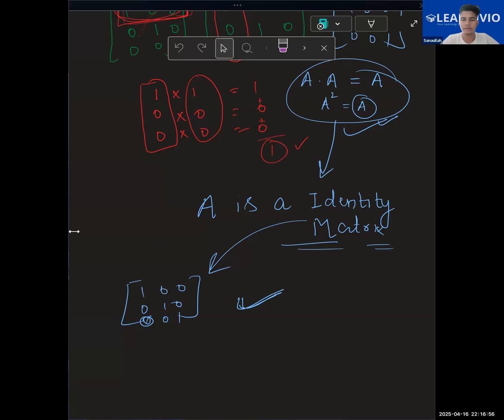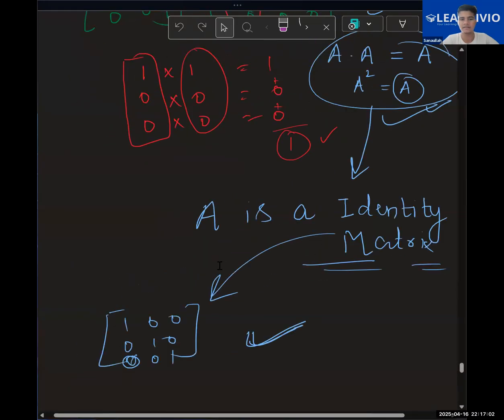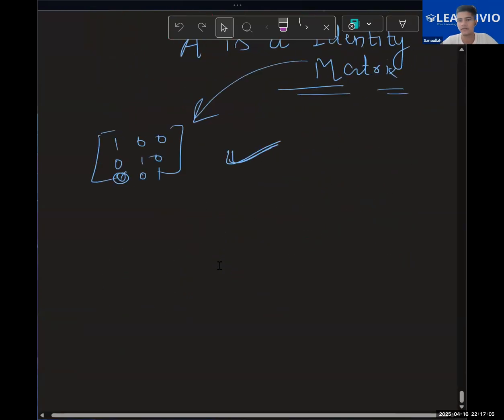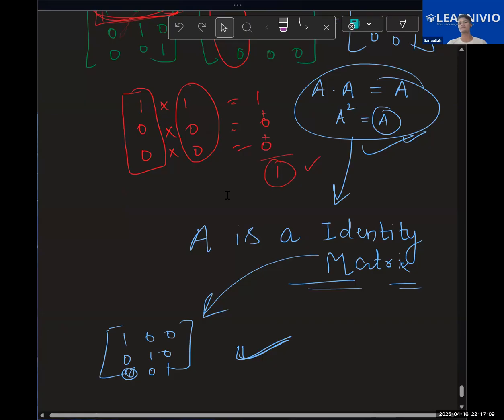Sir, empty set, null set. See, these are the types of sets. I'm not asking that. I'm asking what do you mean by relation in mathematics?